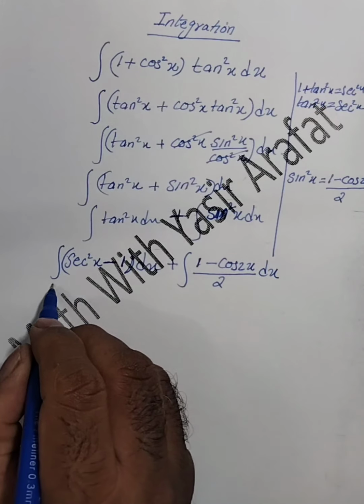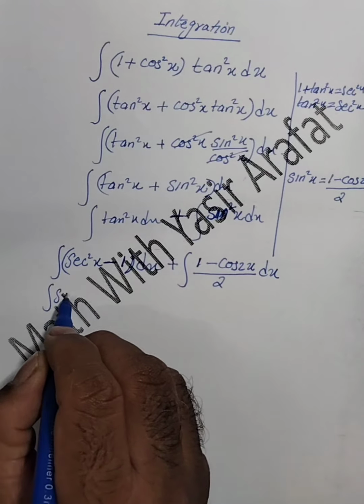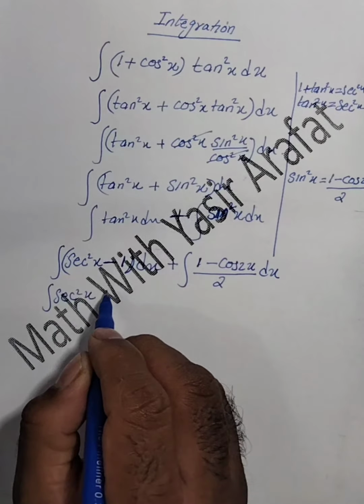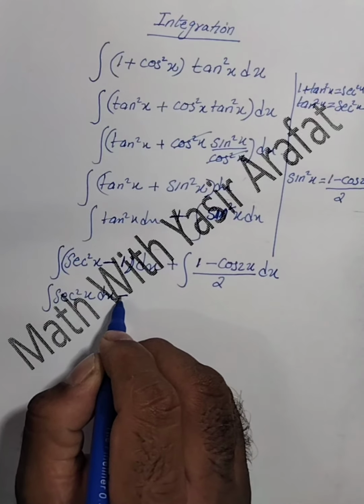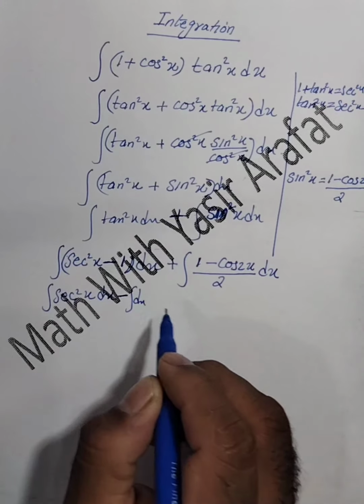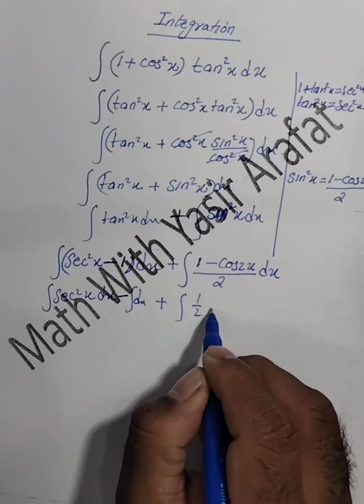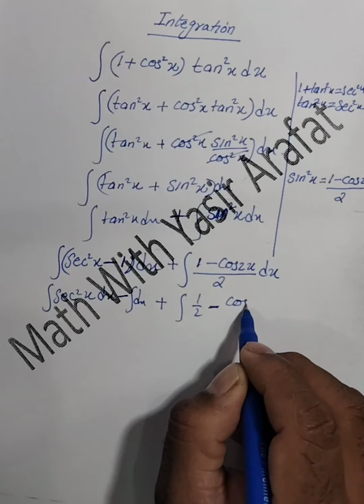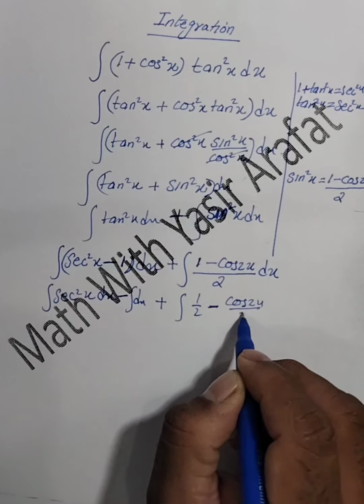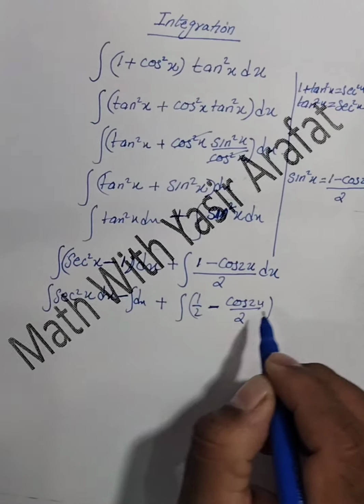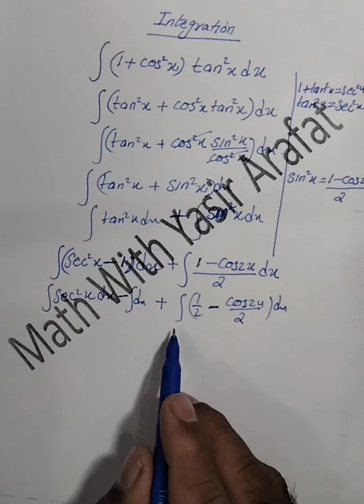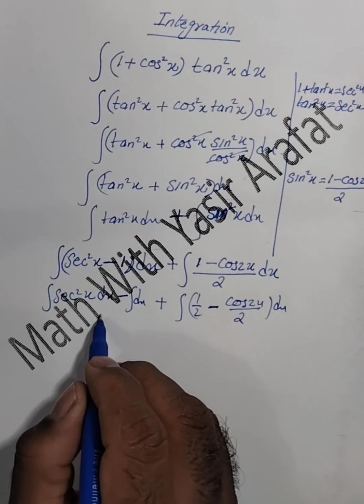Now separate the integration: sec²x dx minus dx. Here separate the LCM, 1 upon 2 minus cos 2x over 2. Just break the LCM, then open the bracket and separate the integration.